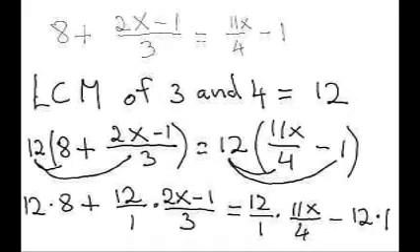Okay, so then we have 12 times 8, which ends up being 96, minus 12 here and the 3, well, they cancel, and that leaves a factor of 4 up here.